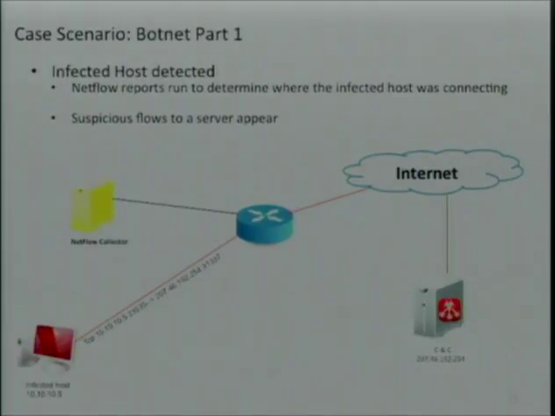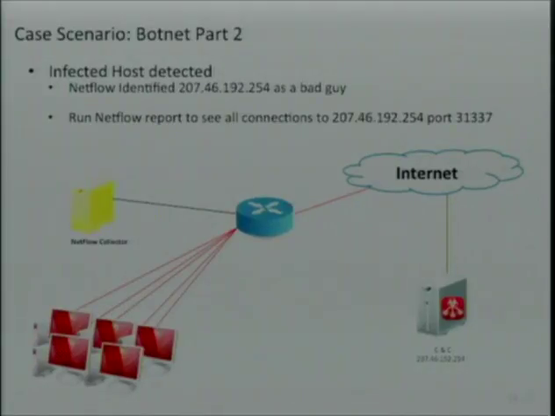So, detecting a botnet. Say you have a host that is identified as infected through either IDS or AV. You're going to want to run a NetFlow report to determine where the infected host was connecting and what the command and control server was, to find out the IP and the ports that were being used. In this case, you can see the infected host is connecting to the command and control server over a certain port.